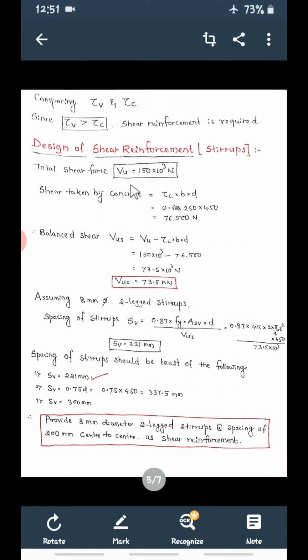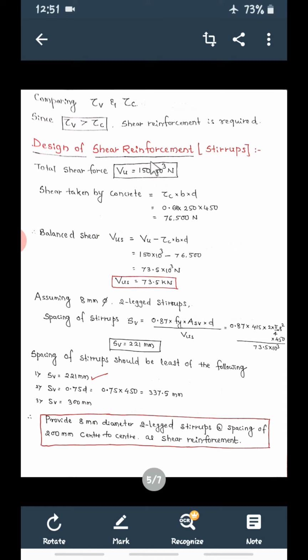Now what is the remaining? Total shear force minus shear force taken by concrete. Whatever remaining shear force there is, that has to be taken by stirrups. For that we are going to design the stirrups. So now what is the balance? The balance taken by the stirrups is VUS, the shear force taken by the stirrups, S is for stirrups. So shear force taken by the stirrups is equal to total VU minus shear force taken by the concrete.